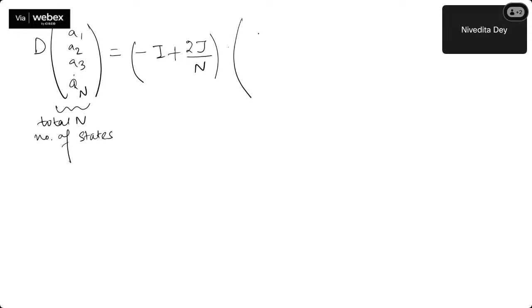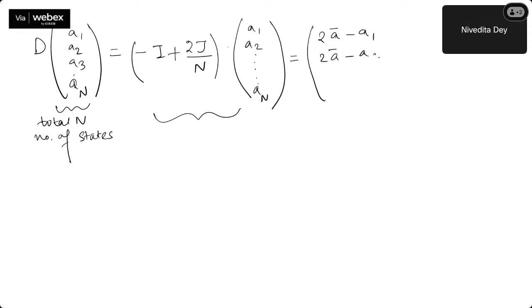These are all the amplitudes of the n states. Okay, so A1, A2, likewise till AN. Great. So if you calculate it, what you will get is basically 2a bar minus a1, 2a bar minus a2, likewise 2a bar minus aN. This is how you should be getting at the output. Okay.